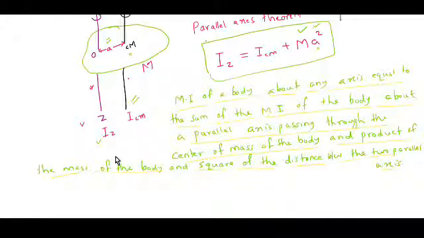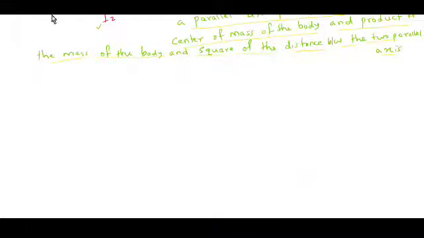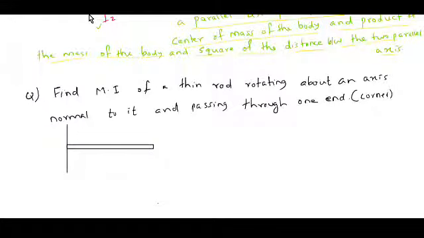Fine. Now let us apply this parallel axis theorem to find the moment of inertia of different objects when they rotate about a particular axis. The first one, this is the first question: find the moment of inertia of a thin rod rotating about an axis normal to it and passing through one end, or passing through the corner.